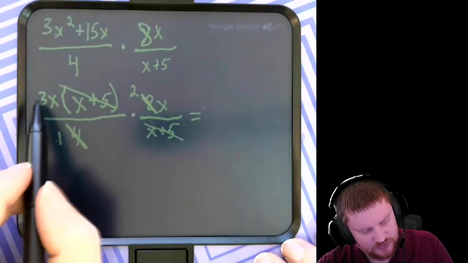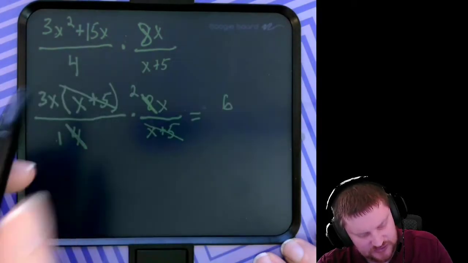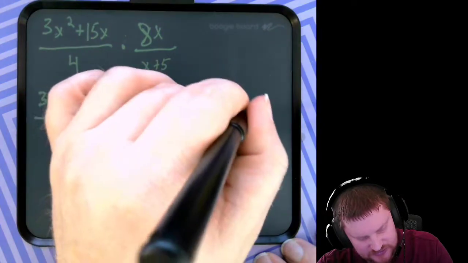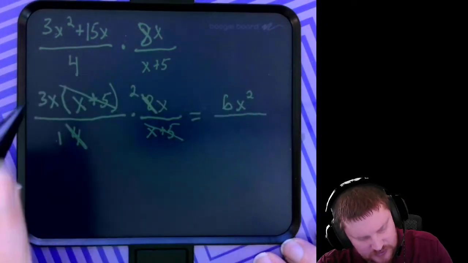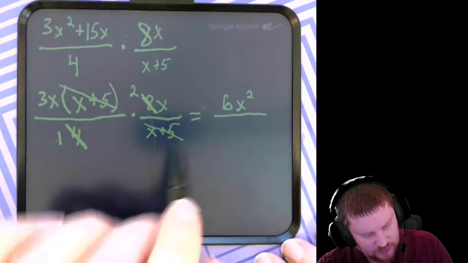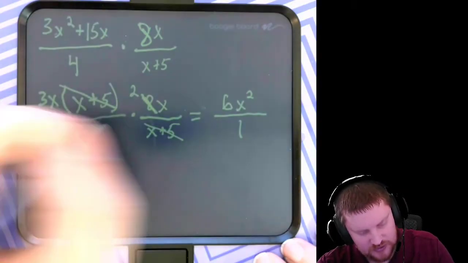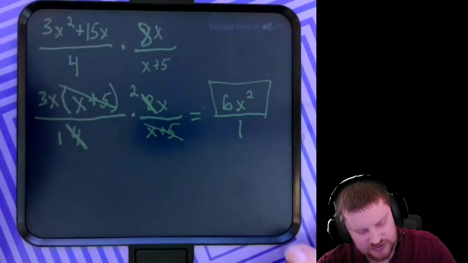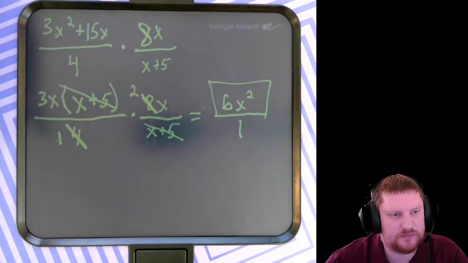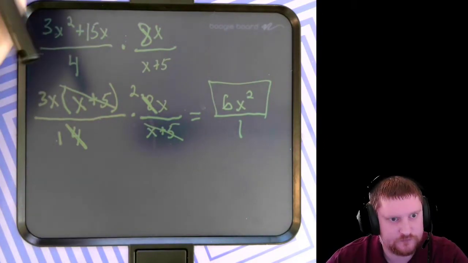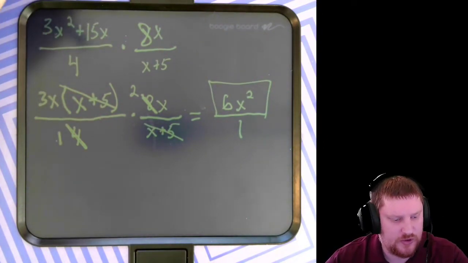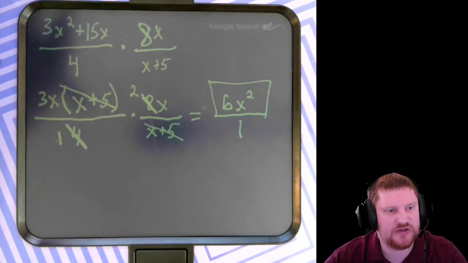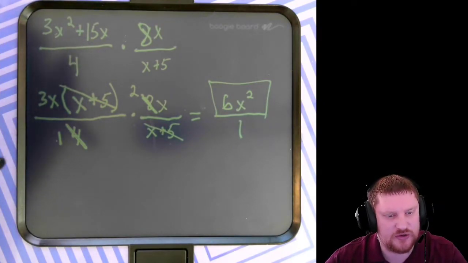Multiply across, 3 times 2 is 6, x times x is x squared. Multiply across, 1 times 1 is 1. So in all reality, we're left with just 6x squared. So do note that just because you started with fractions does not mean you will end with a fraction.